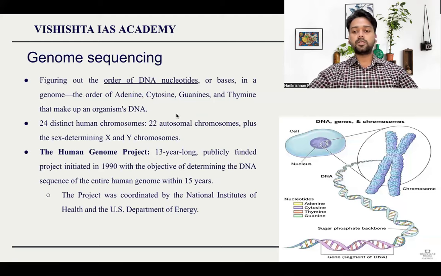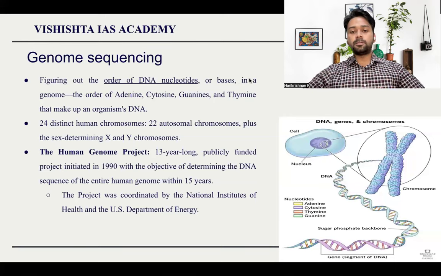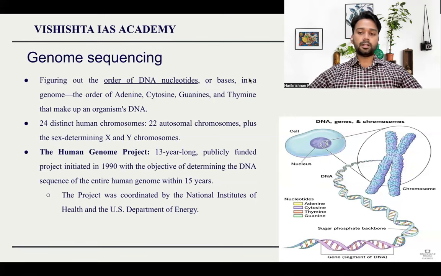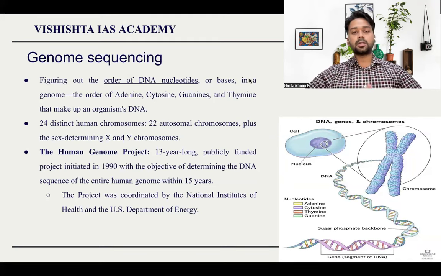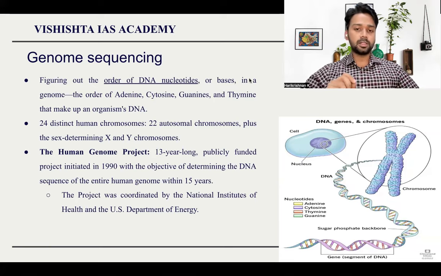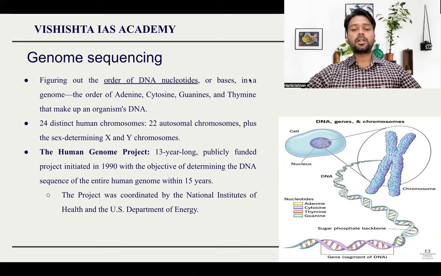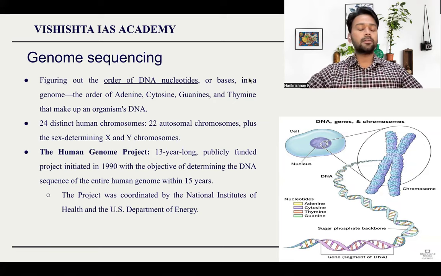What exactly is genome sequencing? How is it done? First, before studying it, we need to know the differences between DNA and RNA. DNA is deoxyribonucleic acid, RNA is ribonucleic acid. DNA is present within the nucleus of each and every cell, and it has the code to manufacture different proteins with which the body will work.